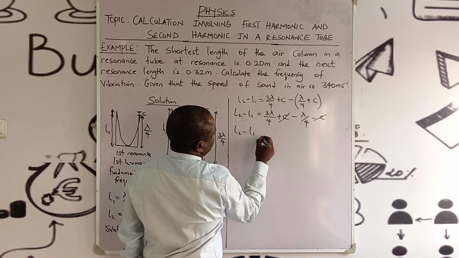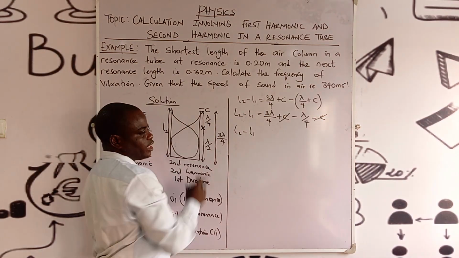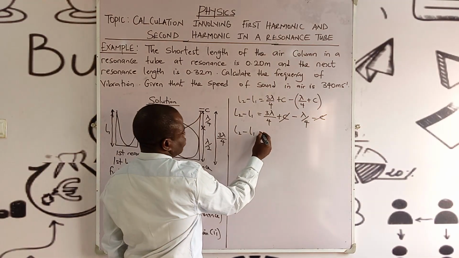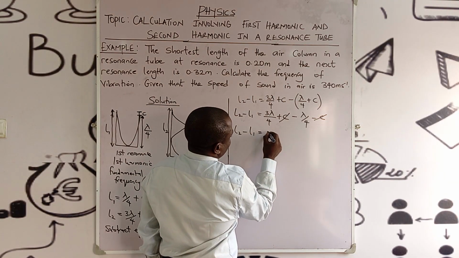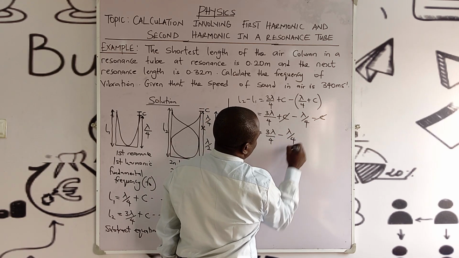It shows that the end correction is negligible. When you say something is negligible, it means that you don't need to consider the end correction when you are solving the problem. Now L2 minus L1 equals 3 lambda over 4 minus lambda over 4.